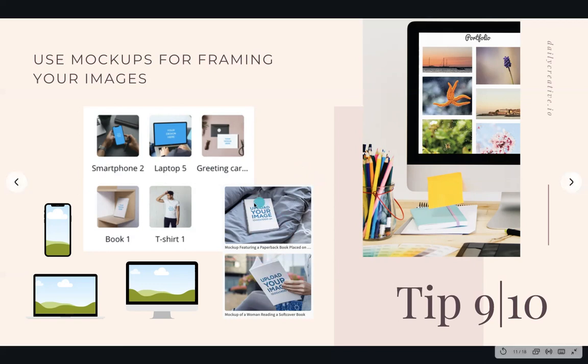You just sign in and literally drag and drop the design here, and it wraps it into, for example, that book cover. They also have digital devices, all this stuff. So those are low cost options for you to get access to these mock-ups.